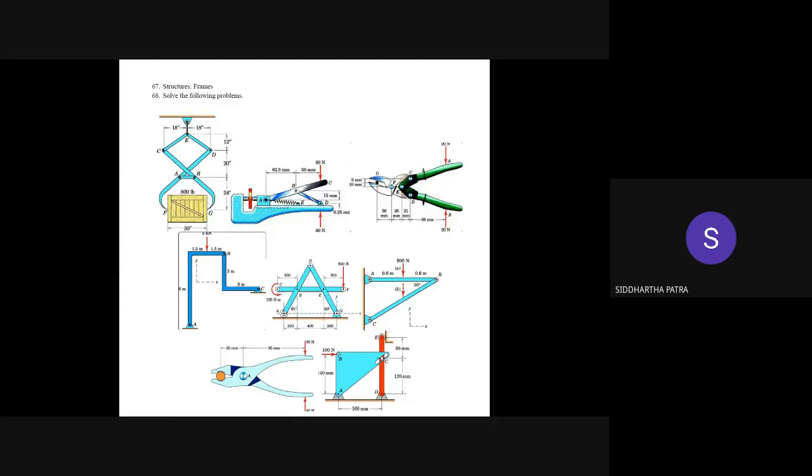Can you see all the images? Yes, sir. Okay, so take a screenshot and you can try to solve all of these problems. I'm just going to briefly discuss, because if we try to solve them in the class, we would probably run out of time. So we have covered mostly all the problems except for two.